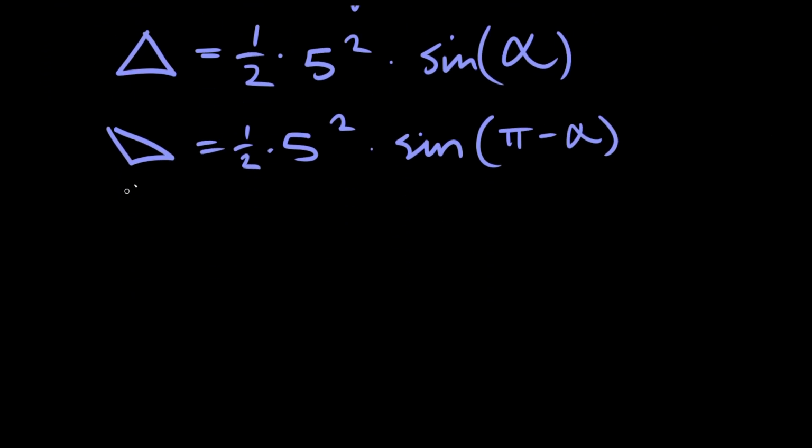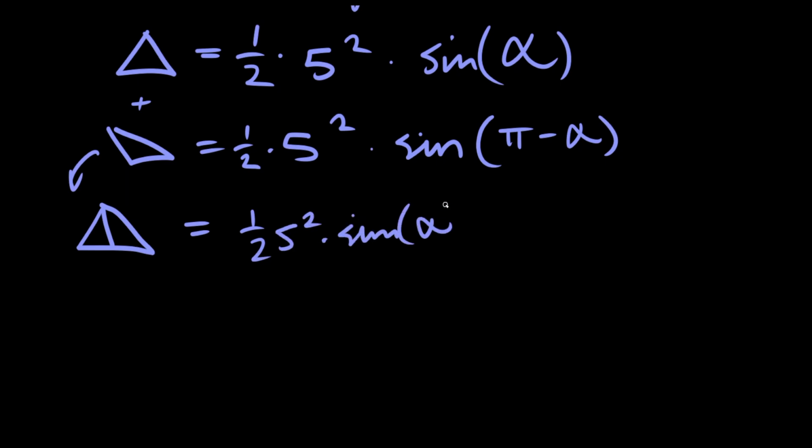And the total area, which I'll draw like this, I guess, is going to be equal to these two added up. So we'll get 1/2 5 squared times sine alpha plus 1/2 5 squared times sine pi minus alpha.